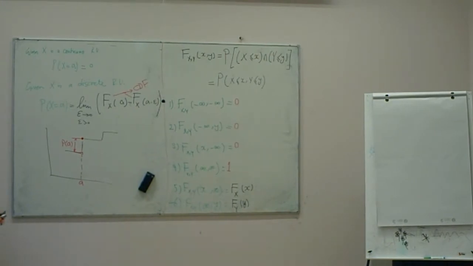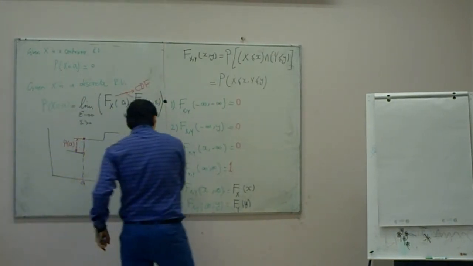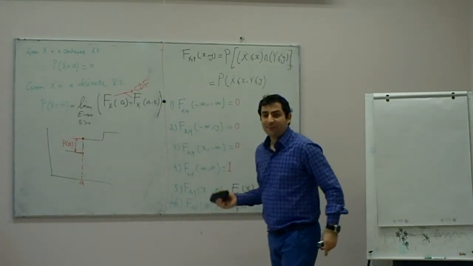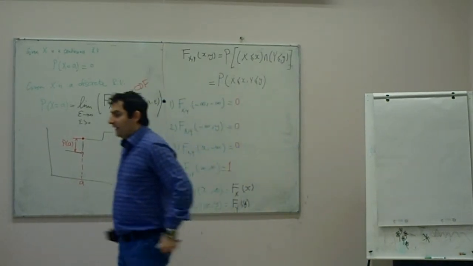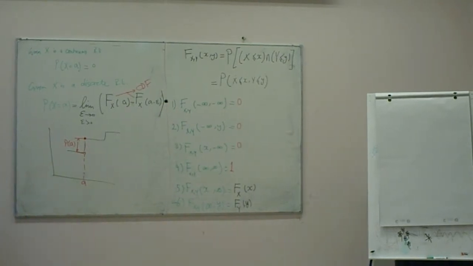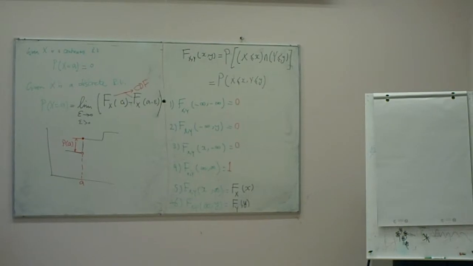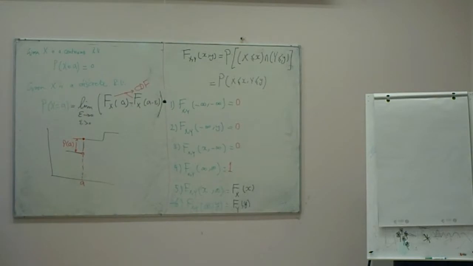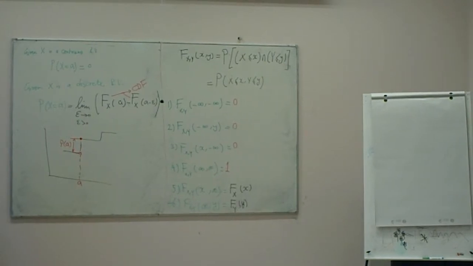Now, we said in a joint PDF, we have two continuous random variables, and we look at both of them when we are dealing with joint PDFs.